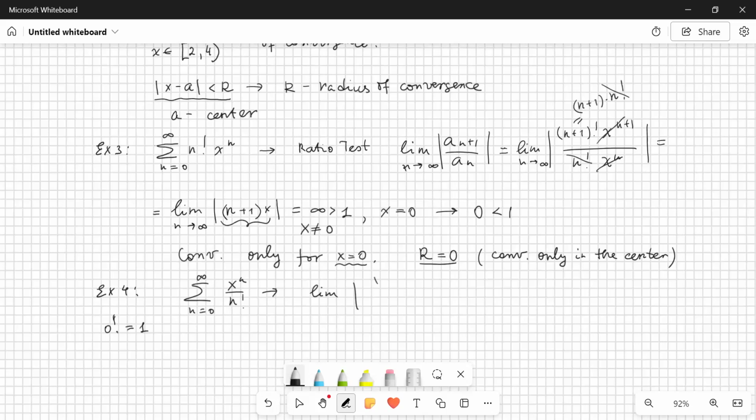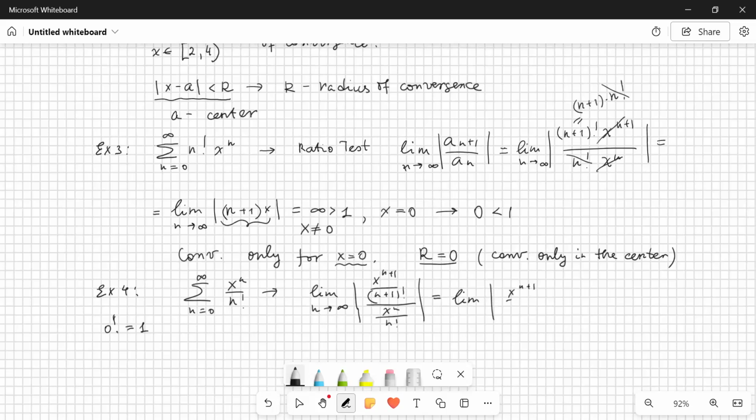I'm going to put x^(n+1) over (n+1)! here, and here x^n over n!, and close my absolute value. Again, I keep the absolute value here because I don't know what my x is going to be, it can be positive or negative. So let's simplify this expression.